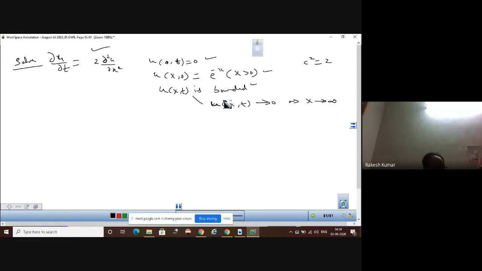So let us solve. As this condition is given, we need to apply the Fourier sine transform, because if the boundary condition u(0,t) is given to us, then we can apply the Fourier sine transform.